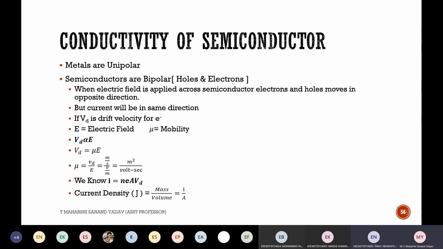Formula for power. V into I. It's V into I, I square R and V square by R.